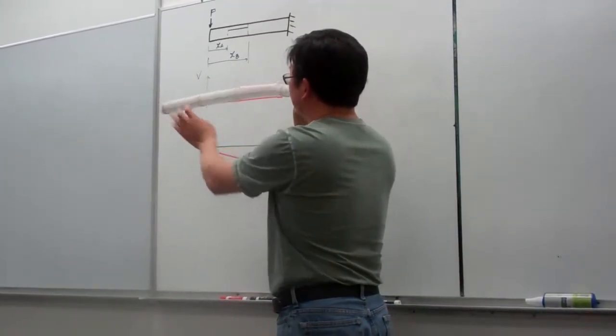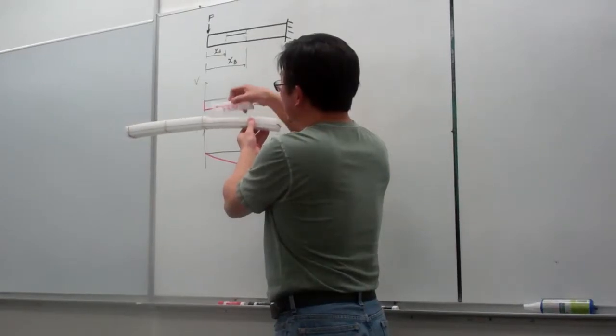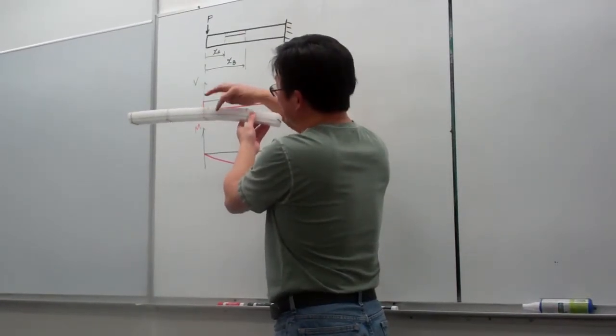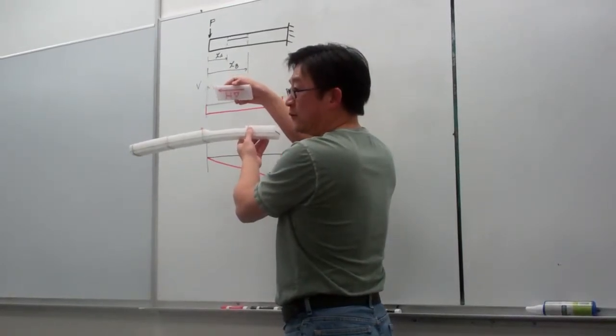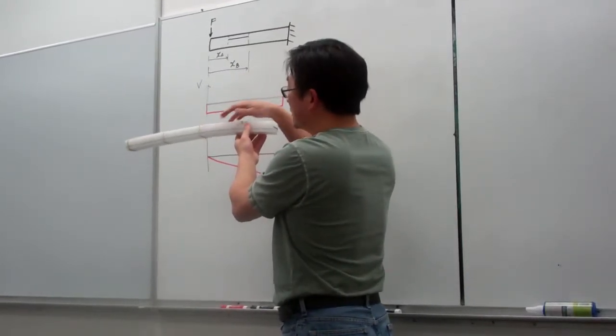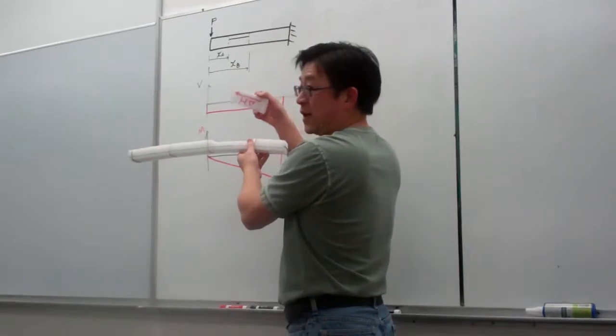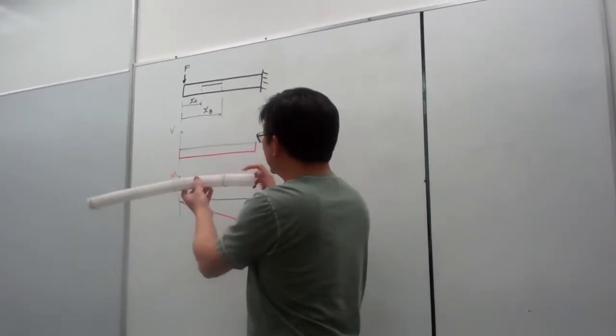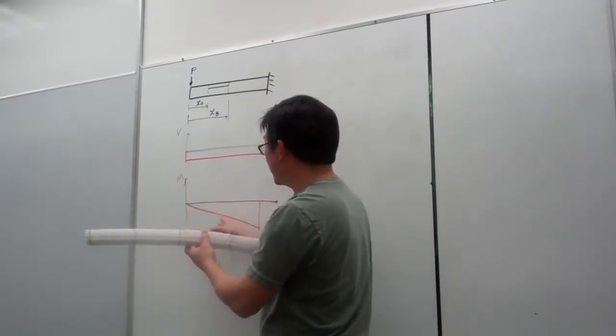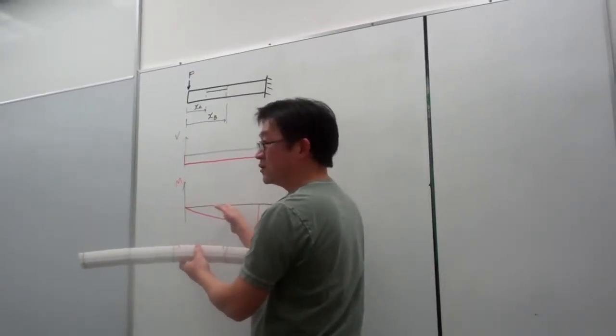Okay, and again, at any level, for example this level here, we expect that the horizontal force, the directional force, exists. And this force will become zero when we have pure bending. But this is not pure bending. You can see the bending basically varies from place to place.